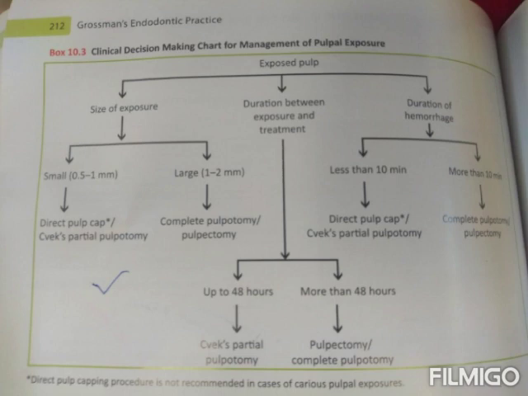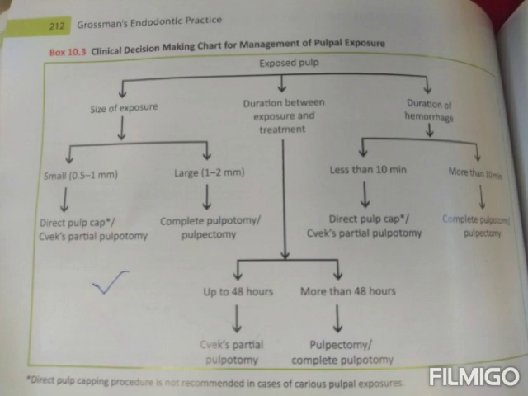These are the techniques where we use these procedures. If the size of the exposure is small, that is 0.5 to 1 mm, we go for direct pulp capping or Cvek partial pulpotomy. If it is large, 1 to 2 mm, we go for complete pulpotomy or pulpectomy.